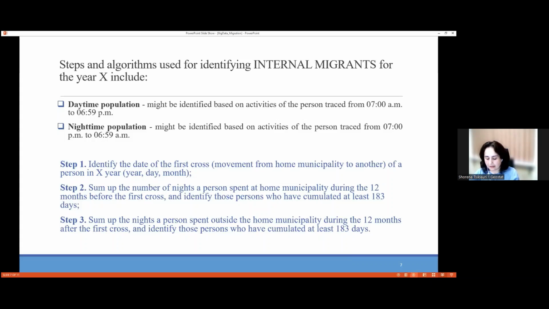However, this criterion is not enough for defining the migrant. With the number of communications, it is also essential to specify the time based on the IPDR or CDR data. One could distinguish between nighttime and daytime population.